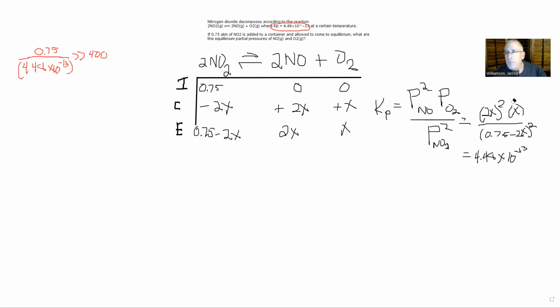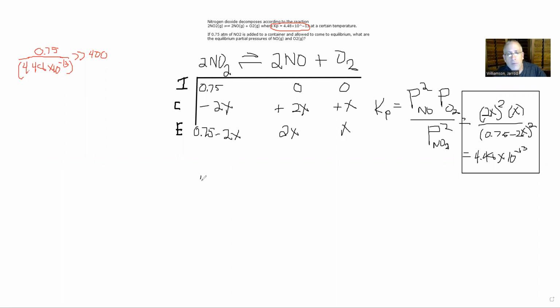So what I'm going to end up with when I do the algebra for this, and I realize that 0.75 minus 2x will be approximately equal to 0.75 because x is small approximation, I will end up with 2x quantity squared will be 4x squared times another x.